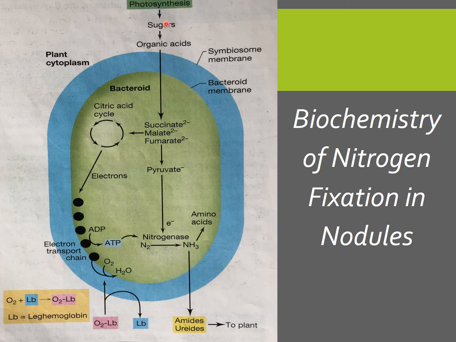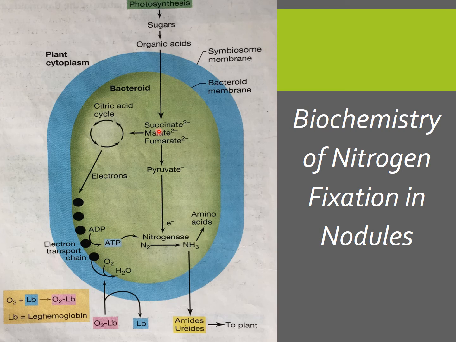These sugars will be converted to organic acids with the help of Krebs cycle and other cycles. And these organic acids, mainly succinate, malate and fumarate, are then transported through the symbiosome membrane for usage by the bacteroid or usage by rhizobium. So the bacteroid is depending on the plant for the energy source that is going to help in nitrogen fixation. All of these organic acids are essentially an energy source so that nitrogen fixation can happen.